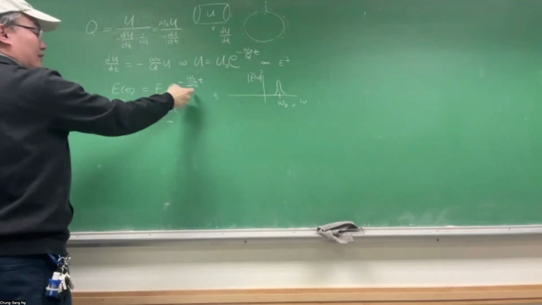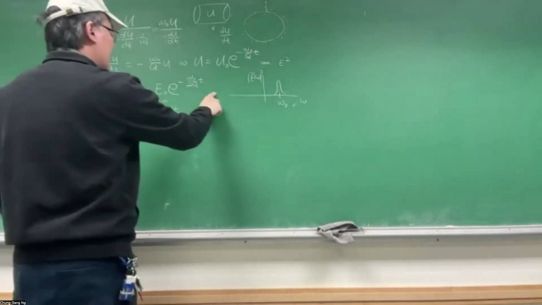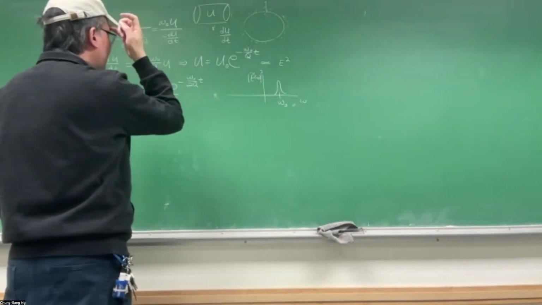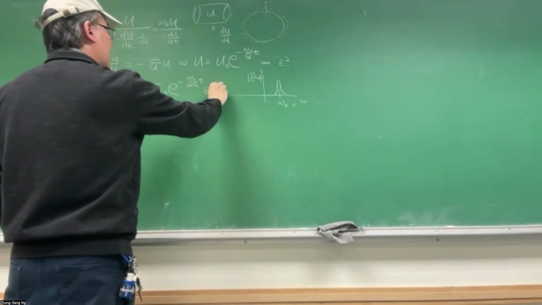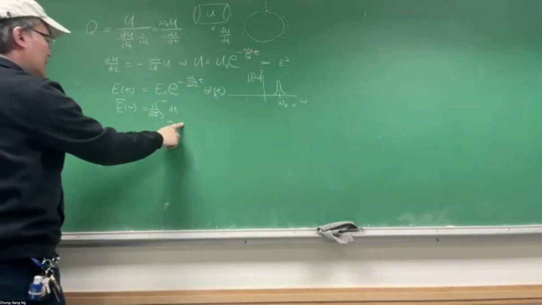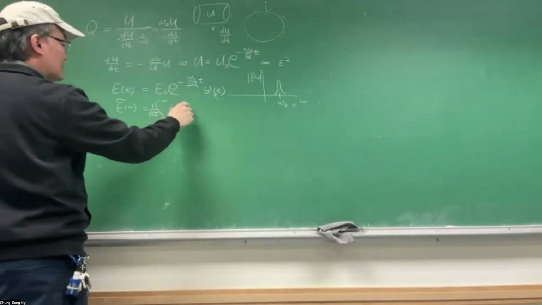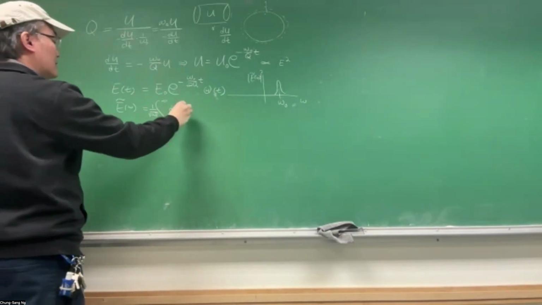Otherwise, if t is negative, it's a growing term, it doesn't make sense. So we usually start with t equals 0, so we have a step function in t. So when you do the integration, you can change this to integrate from 0 to infinity.